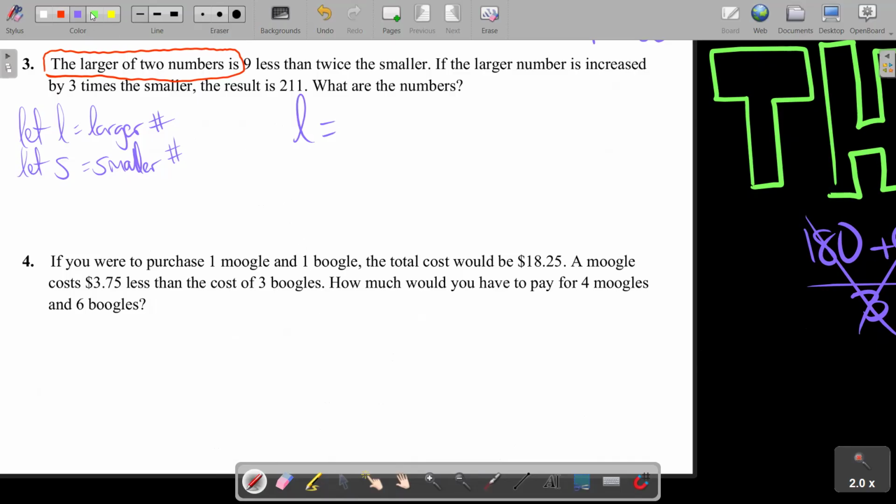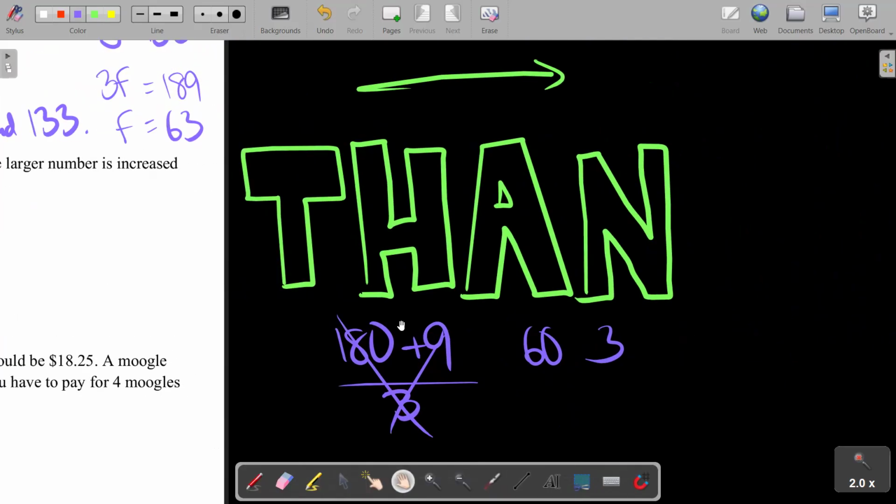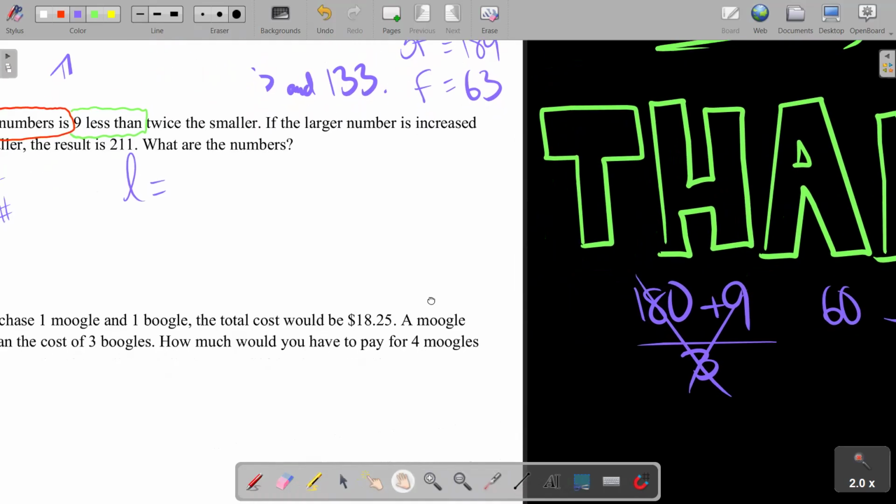And now we're going to take the next chunk, which is right here, the green chunk. I so badly wish it was 9 minus, but remember, whenever you see this word, greater than, less than, more than, where do we put it? At the back.